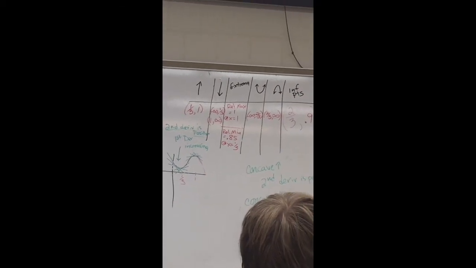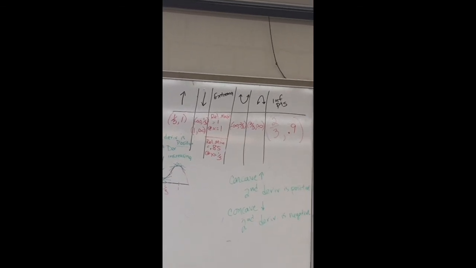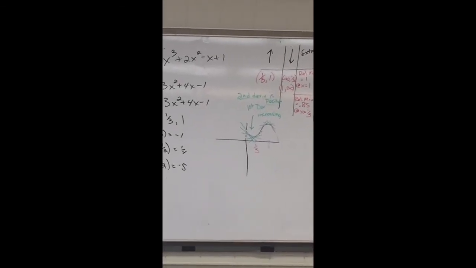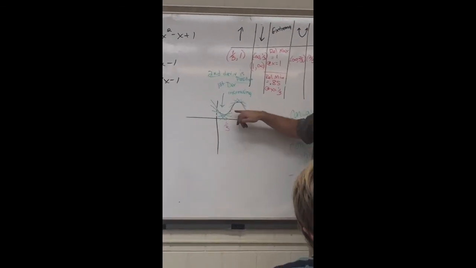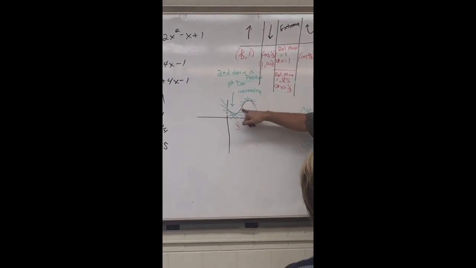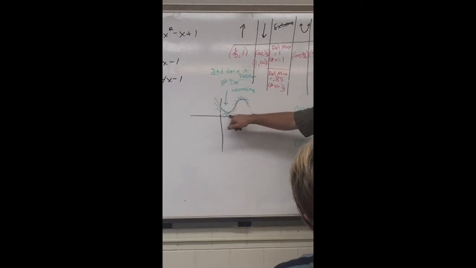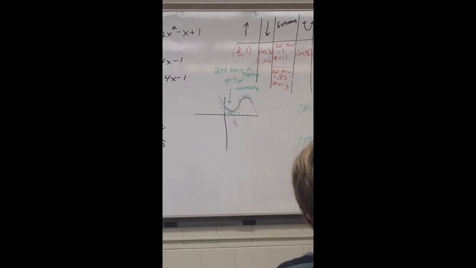On the AP exam, you would lose 2 points because you didn't support your answer. Even though it might have been an inflection point, you have to verify that it's an inflection point by checking concavity on both sides. Did we check concavity on both sides of our inflection point here? We did, by finding the mins and maxes, right? So it's done. We're safe and confident that it is an inflection point because it went from concave up to concave down. All right, that's all I have to say.